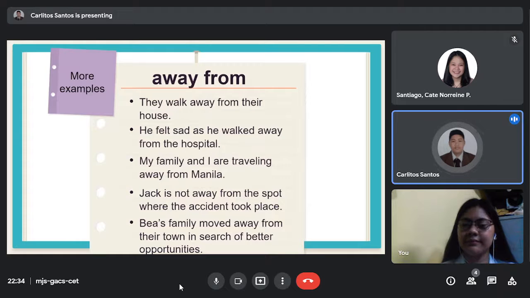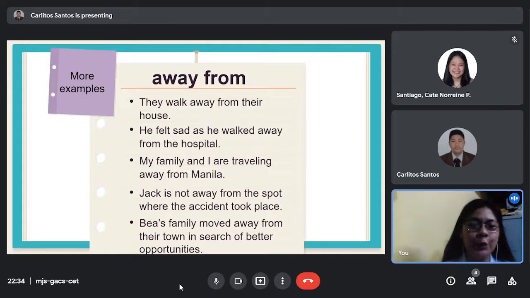Jack is not away from the spot where the accident took place. Bay's family moved away from their town in search of better opportunities. Thank you. And we can see here different examples and different contexts of the way we use away from.